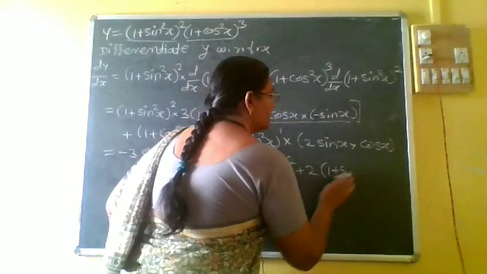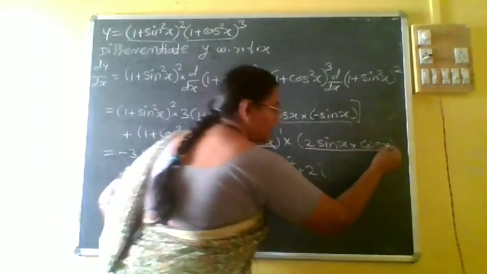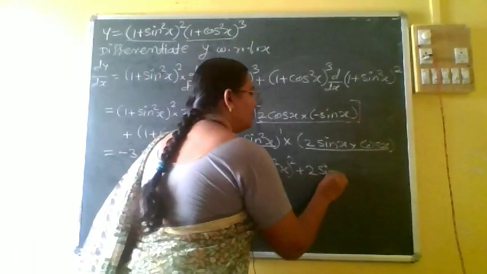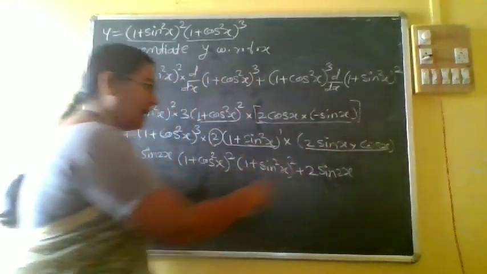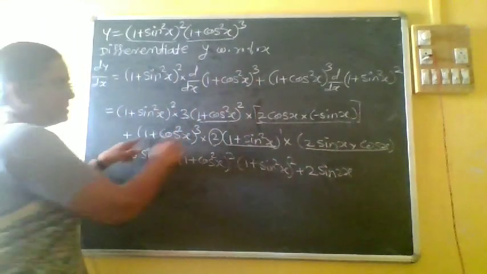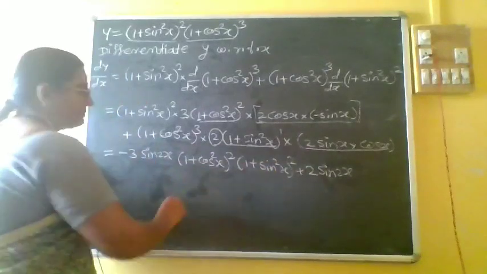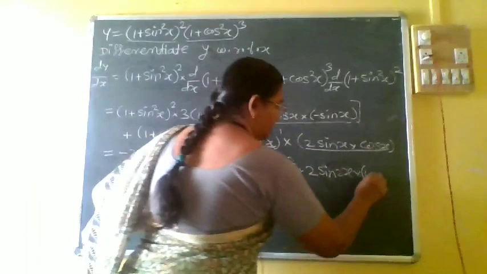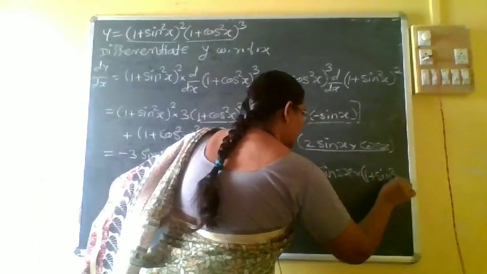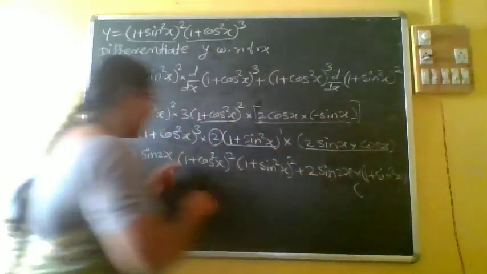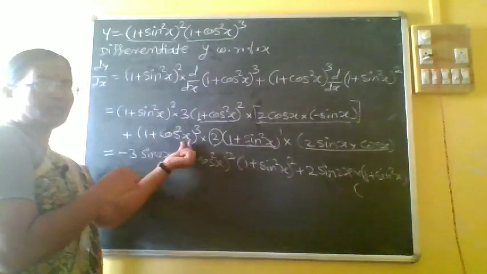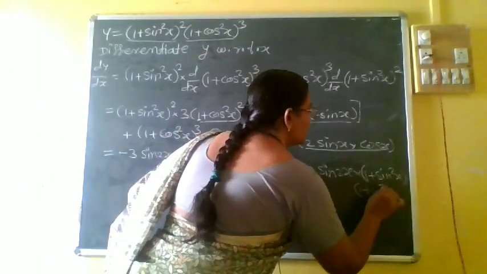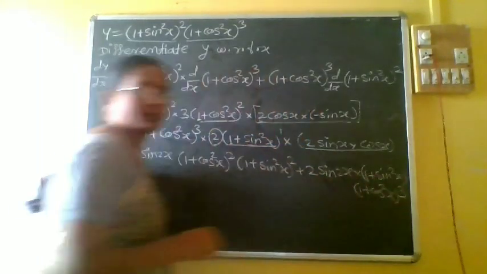Sorry, this 2 sin x cos x becomes sin of 2x. I have taken the terms, these two brackets here, into 1 plus sin square x as it is, into the other bracket that remains, that is (1 plus cos square x) bracket cube.